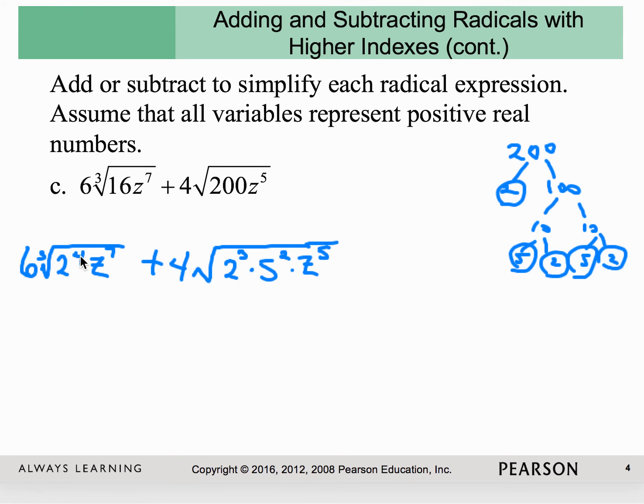3 goes into 4 one time with 1 left over. 3 goes into 7 2 times with 1 left over.